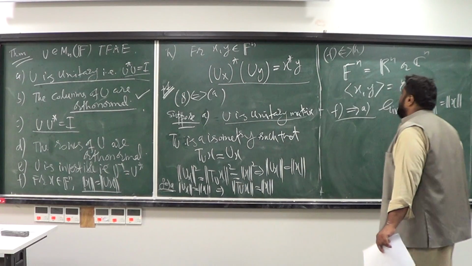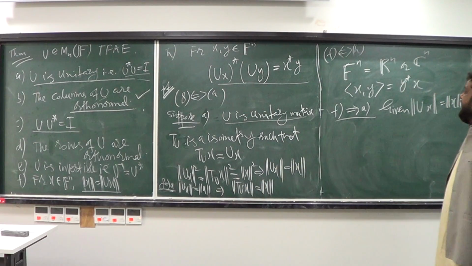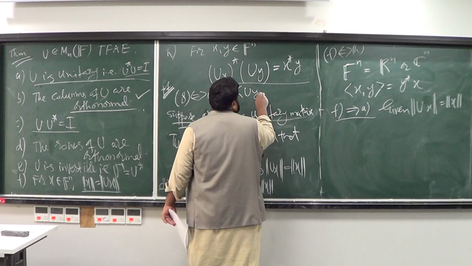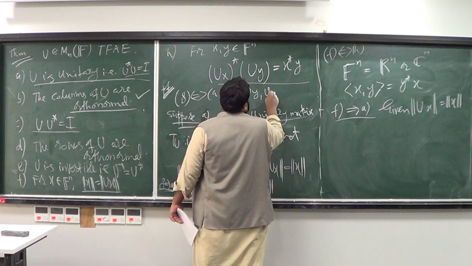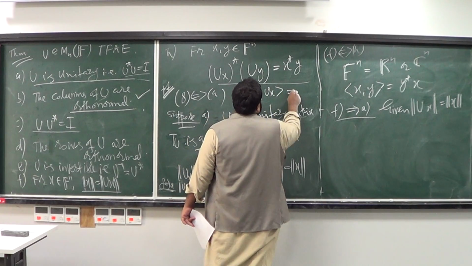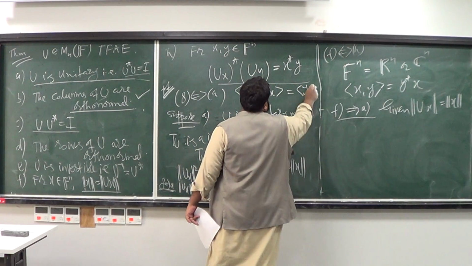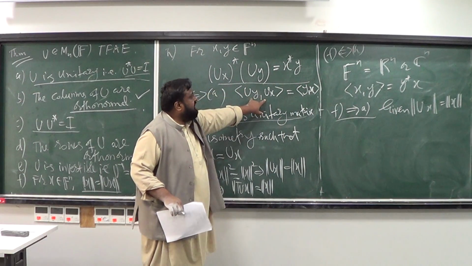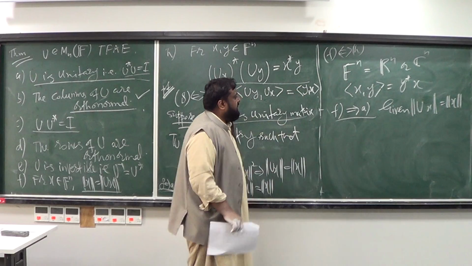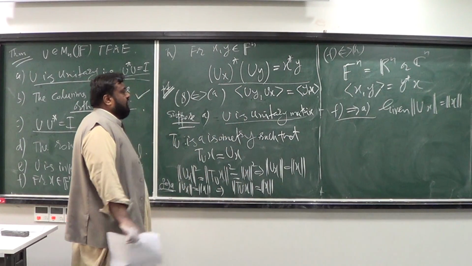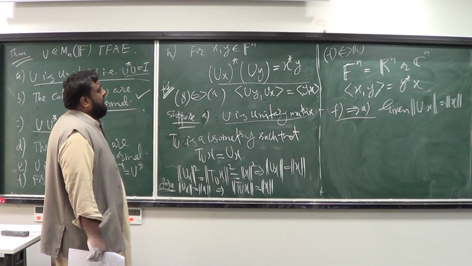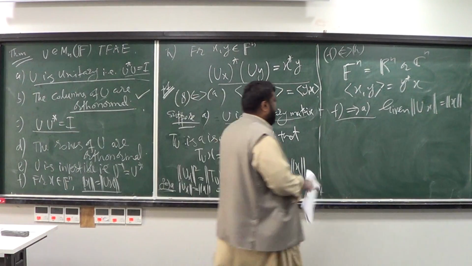By the way, showing this is equivalent to showing that the inner product of Uy and Ux is the same as the inner product of y and x. I can rewrite this because this can be written as this and this can be written as this. This is what I would like to show for Ux and Uy. The answer is you can do it easily. Why?